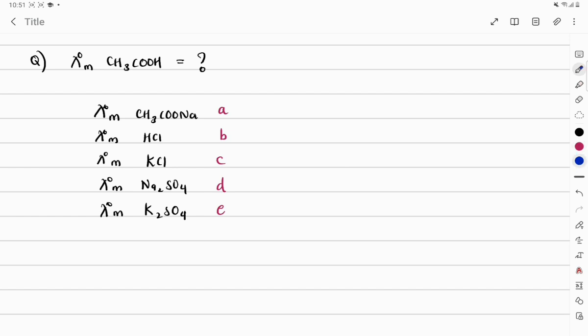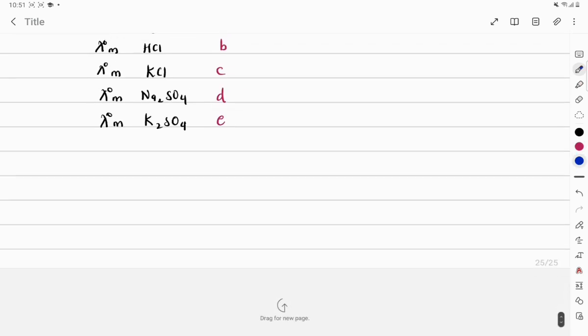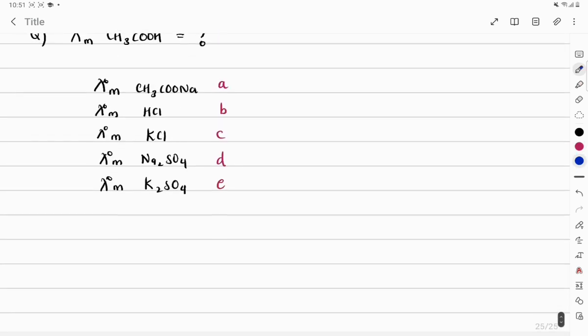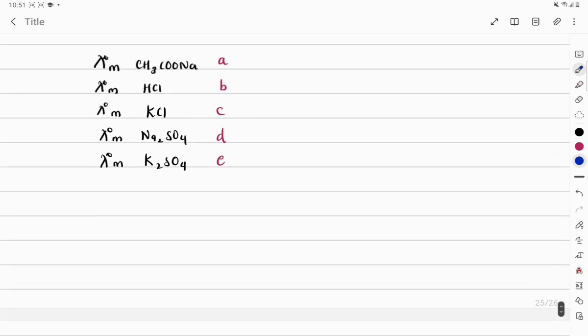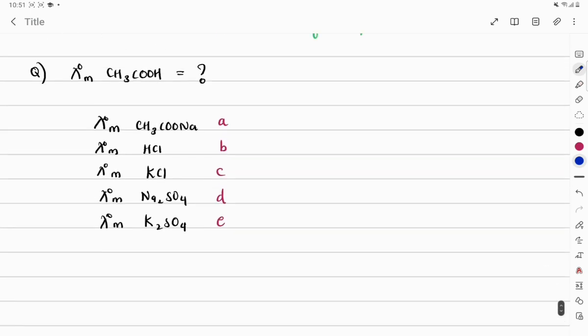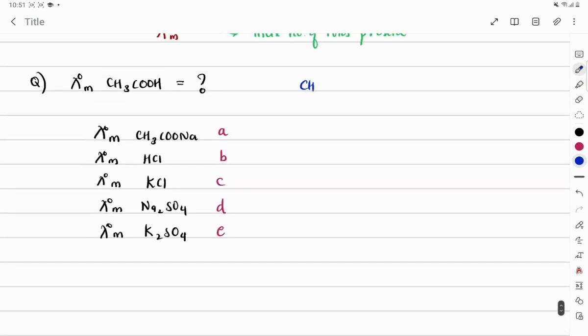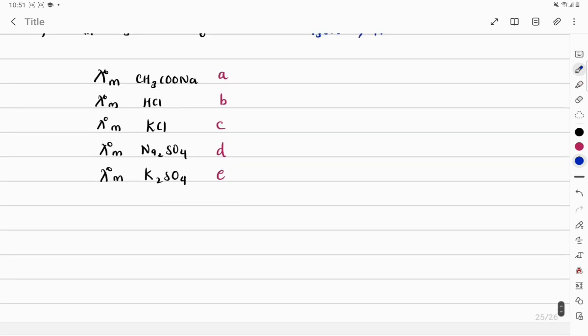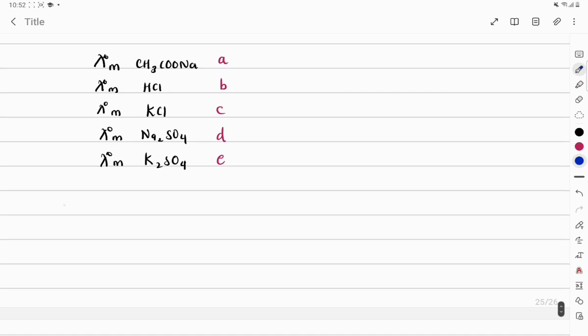It will be a bit confusing, but the simple way is to firstly write down all the ions possible. What I need to get is CH3COO minus and H plus. Now I am going to write down only the ions possible. So they will be CH3COO minus and Na plus.